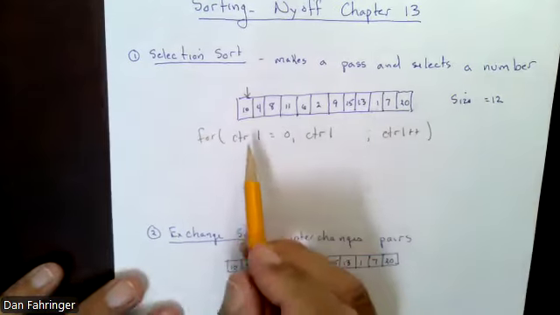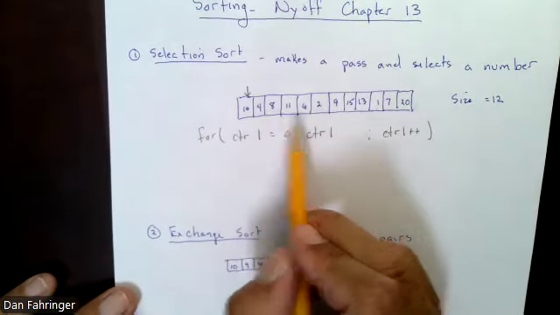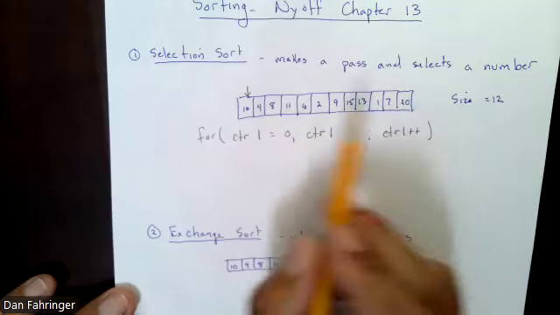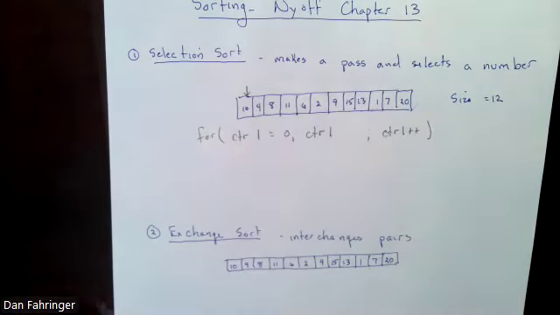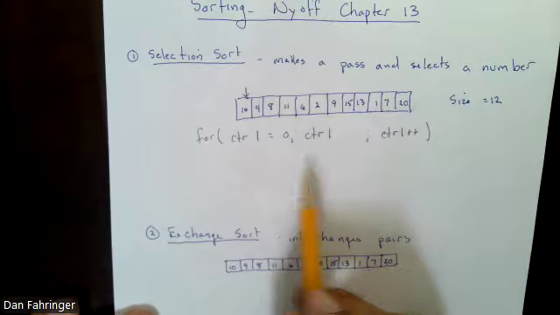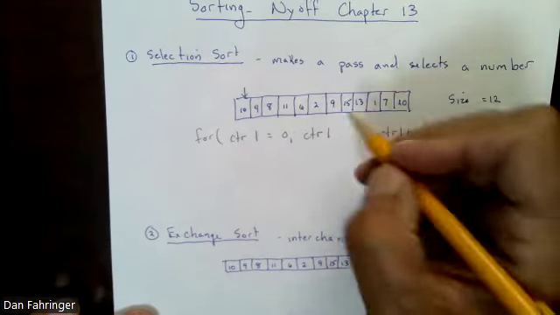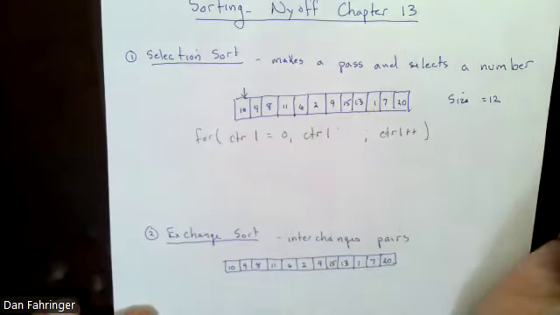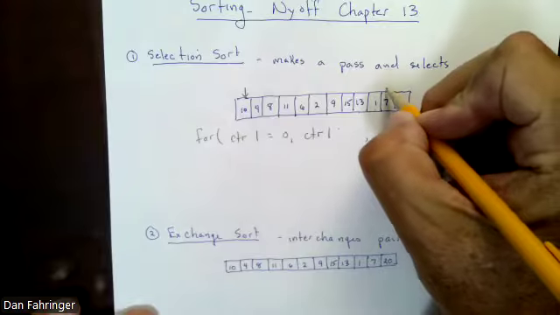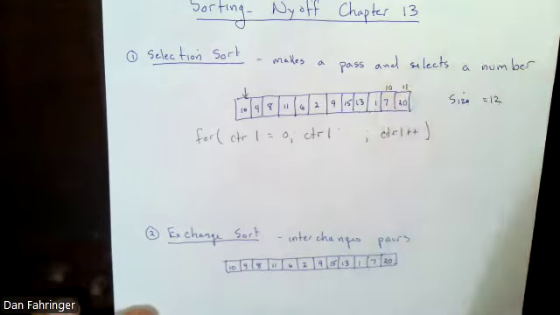I want to start at the first one and then compare it to the rest. Then move to the next one and compare it to the rest, and so on, in this idea of selecting a value. So what's my first loop going to be? From 0 to size minus 1.